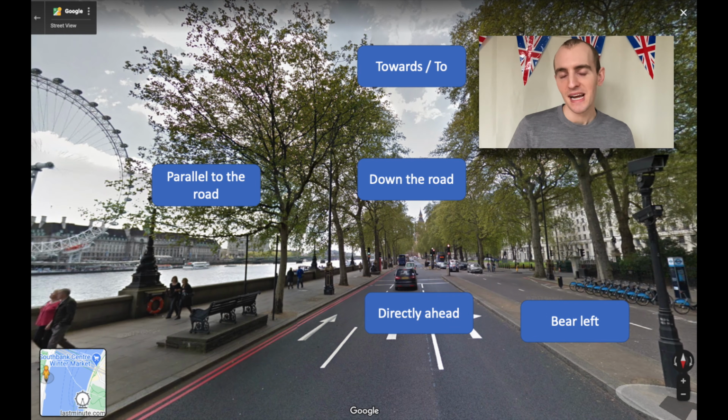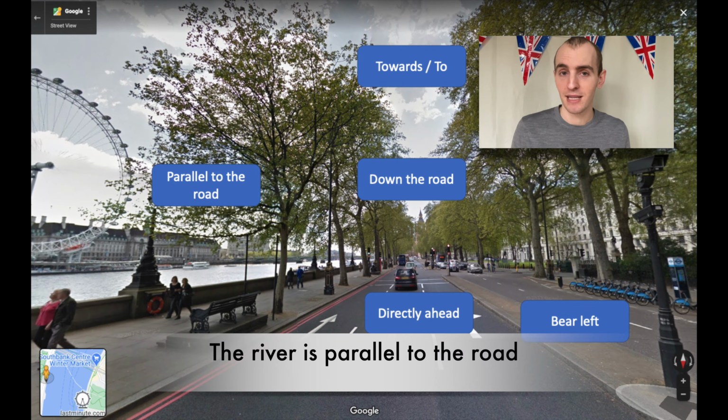A good phrase we can use is parallel. Parallel to the road. Parallel to. If something is parallel, that's kind of like two lines that are next to each other. So if that is the road, what would this be? What is parallel to the road? I would say the river is parallel to the road.